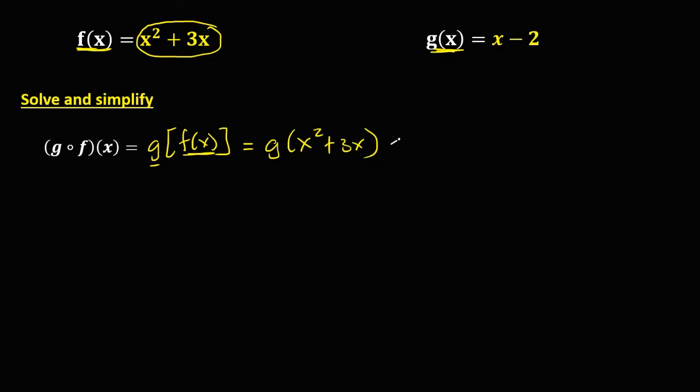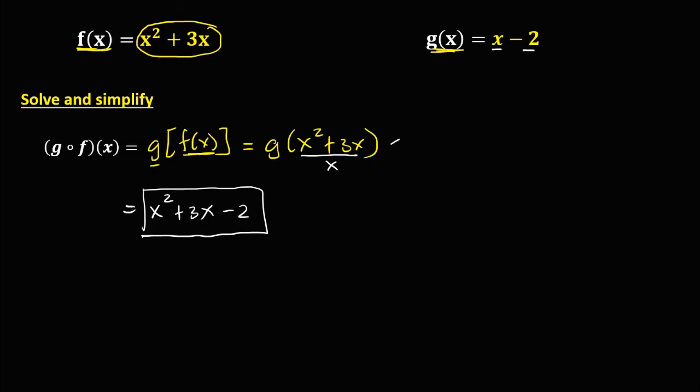So to solve this equation from g of x, but x is equal to x squared plus 3x, that becomes x squared plus 3x, then minus 2. Since this equation is already simplified, therefore, g of f of x is equal to x squared plus 3x minus 2.